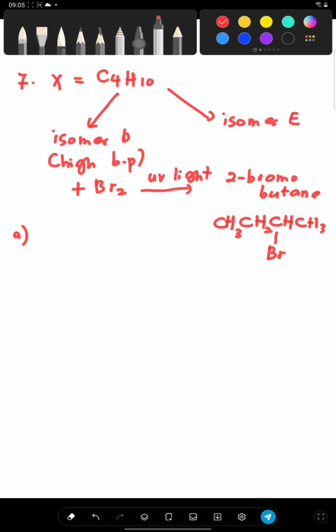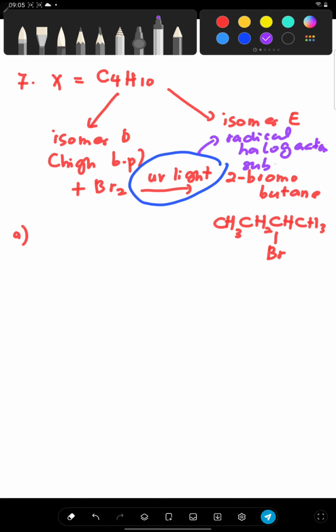And normally for this part, when you see this condition, of course it is referring to radical halogenation substitution.